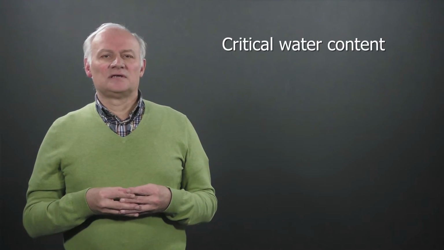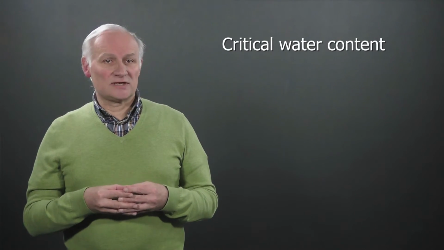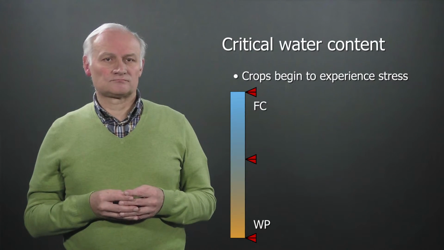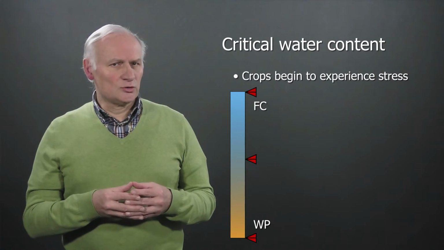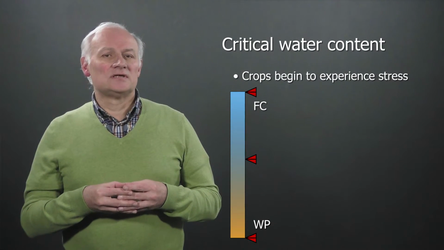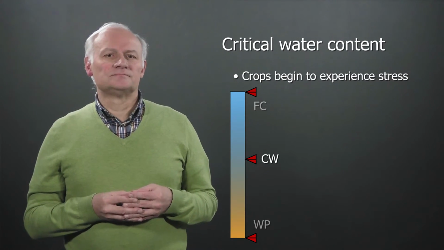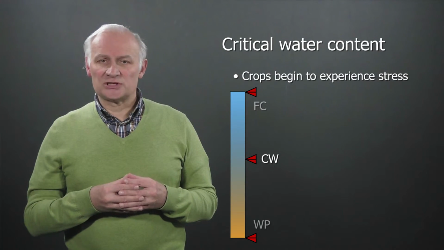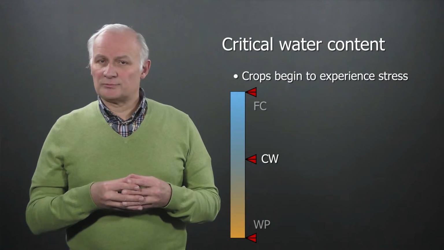Of course, plants don't just suddenly die when the water becomes scarce. There is a critical point of water content at which they begin to experience stress. We note that as the point of critical water content, CW. This point is very much dependent on the crop.